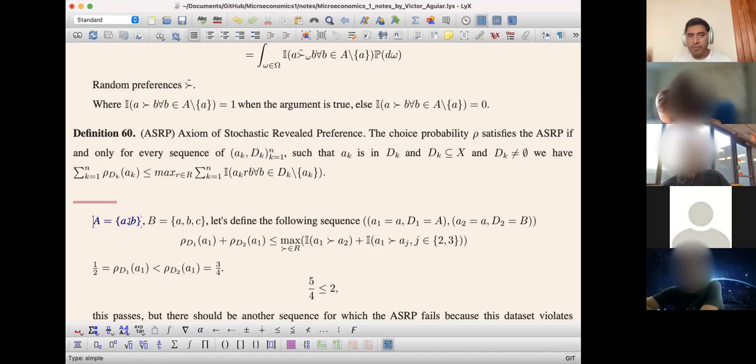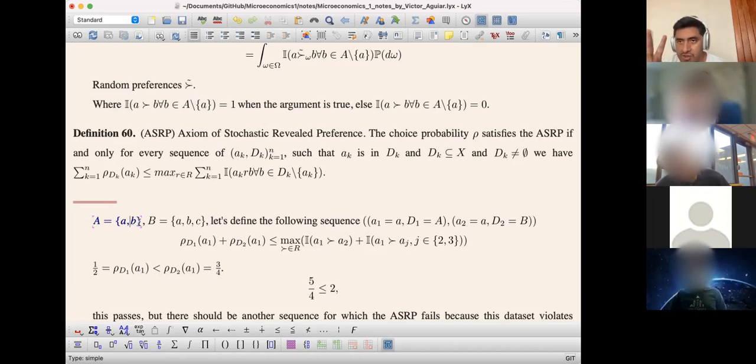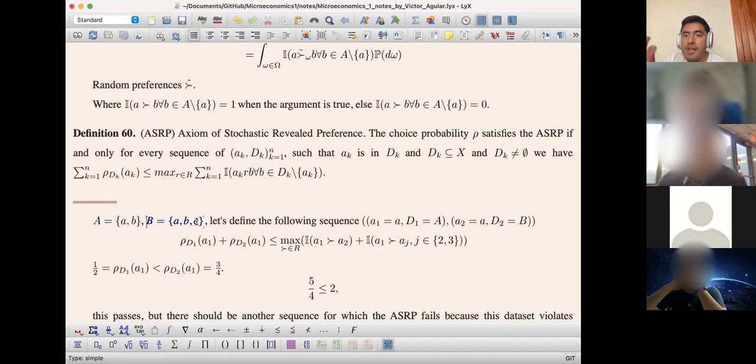So, brackets open. Here we're going to check the ASRP for this very simple situation where you have 2 menus. The whole data set is only 2 menus: menu capital A, which is A and B, and menu capital B, which is A, B, and C. Now, let me create the sequence.